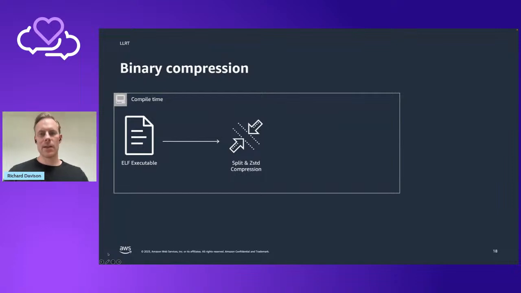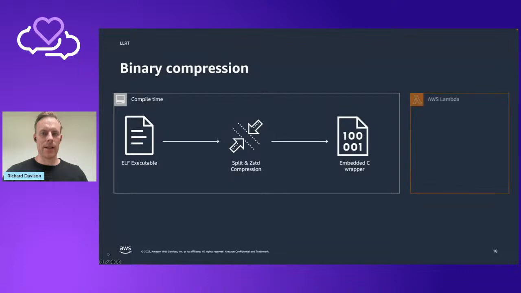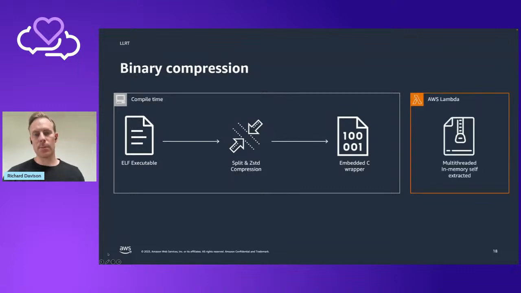Remember this real-time compression algorithm that I was talking about before. So we take it, split it apart, compress each part with Zstandard, and then embed those parts into a very, very small C program. And this C program, when it's running inside of Lambda, will take those parts and, in a multi-threaded fashion, decompress them into something called a memory file descriptor.